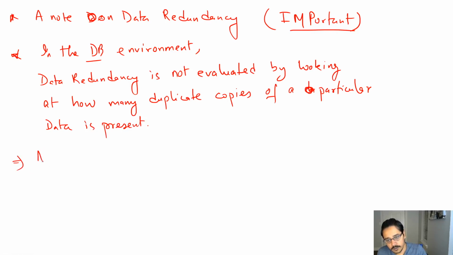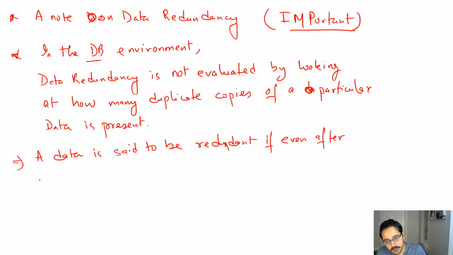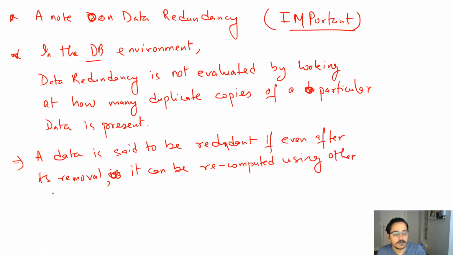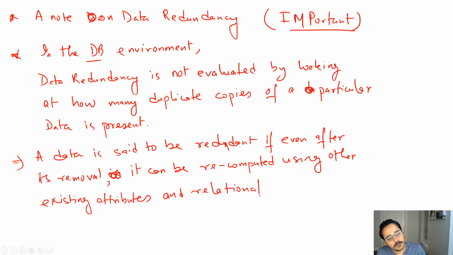A data is said to be redundant if, even after its removal, it can be recomputed using other existing attributes and relational algebra. Okay.